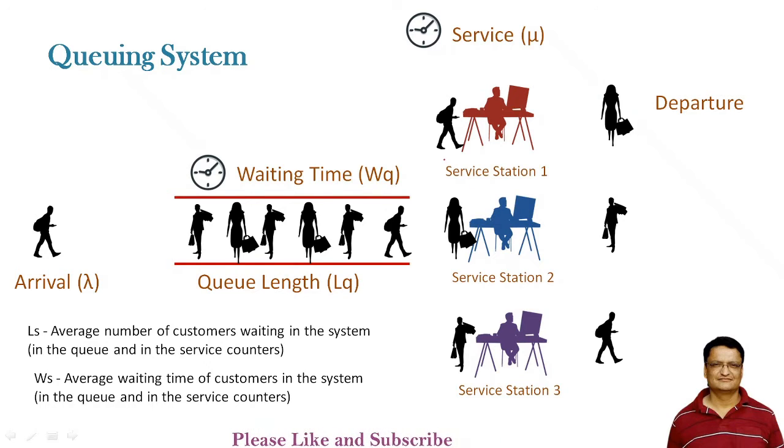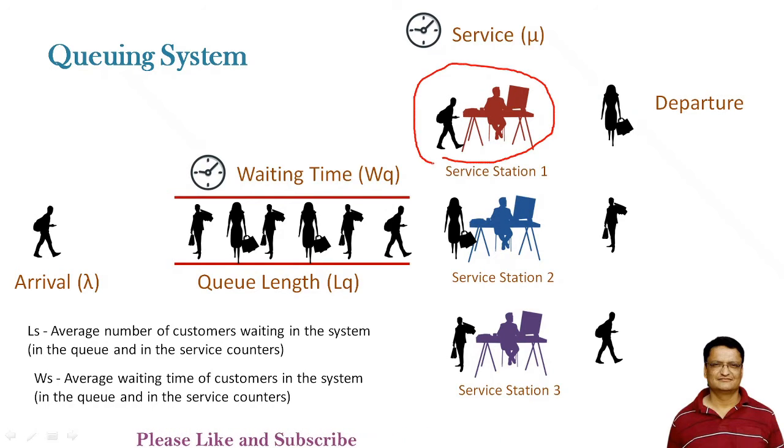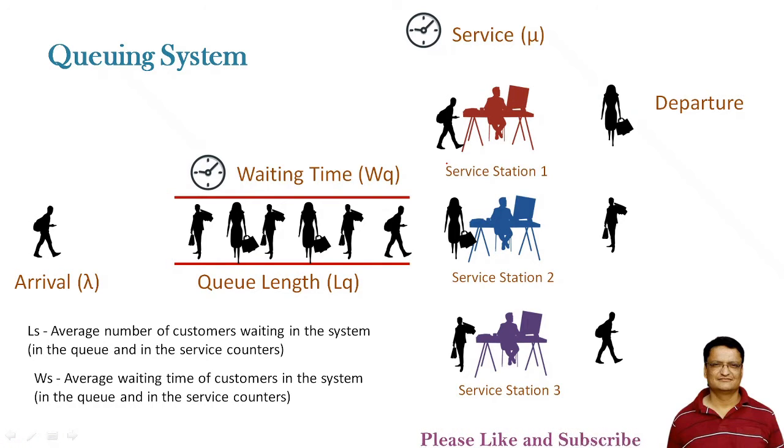Also, if we have a very limited number of service stations, customers may not come to you because they have to wait a lot, and so they will find different services. So you have to come up with a midway where you have an optimum number of service stations and optimum number of customers, because if you have very limited service stations, then you will lose the customer and there will be loss to you.